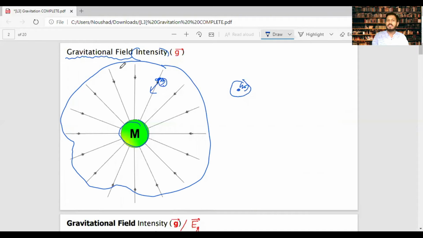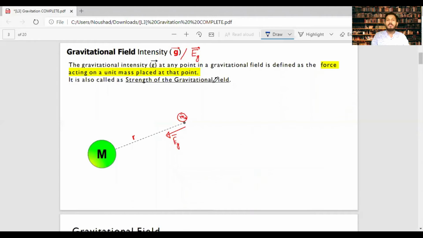Then what is intensity? Intensity of gravitational field at any point in a gravitational field is defined as the force acting on unit mass placed at that point. Consider this is mass M. M0 is placed at this point.